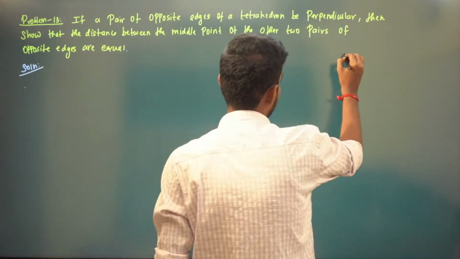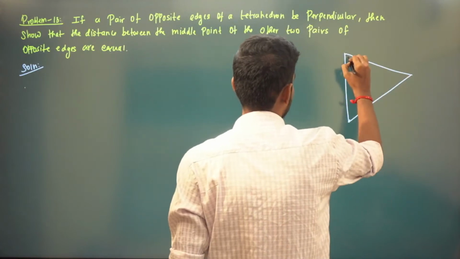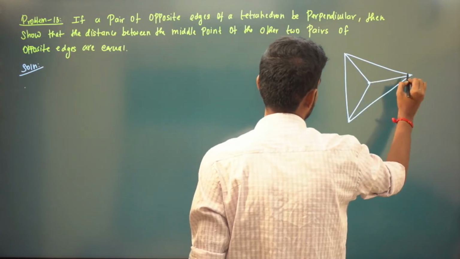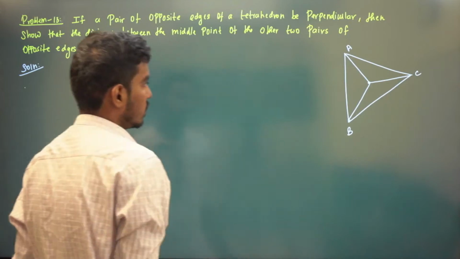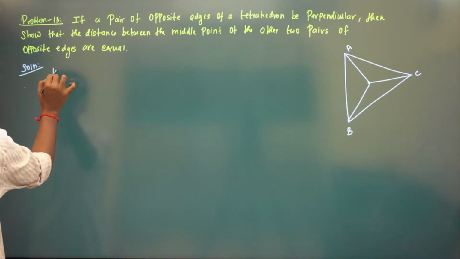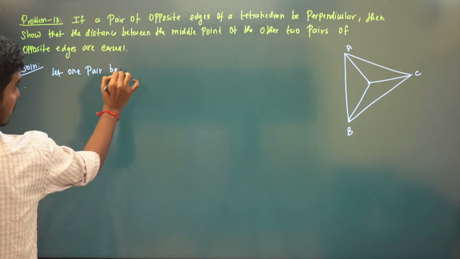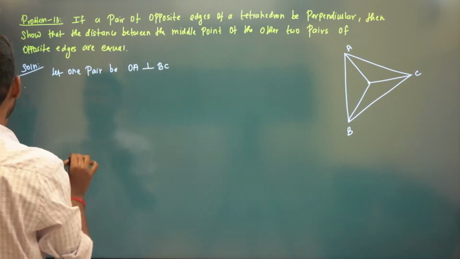So we have a tetrahedron. Let this point be A, let this point be B, let this point be C. So let one pair be OA is perpendicular to BC, right?